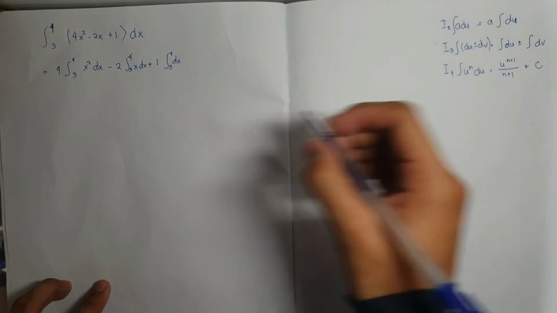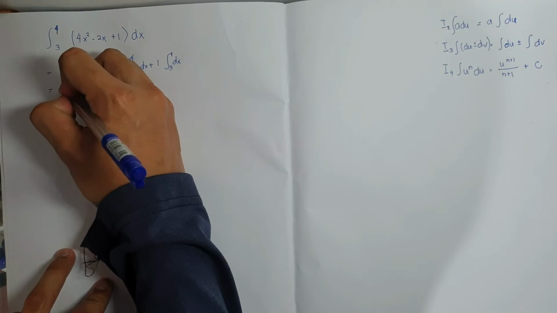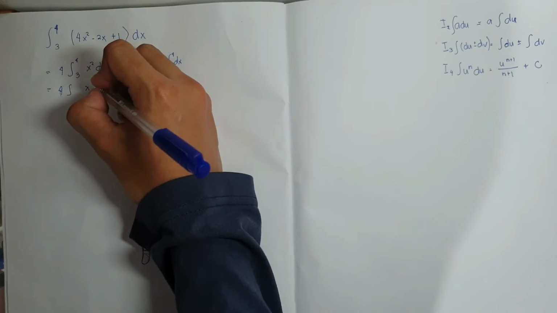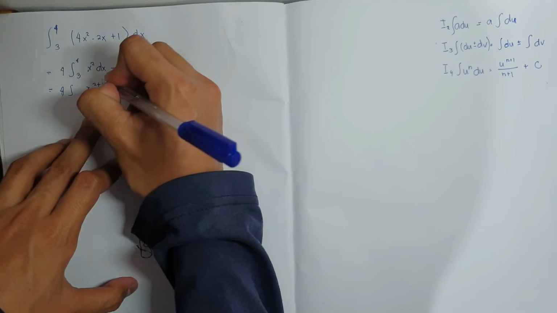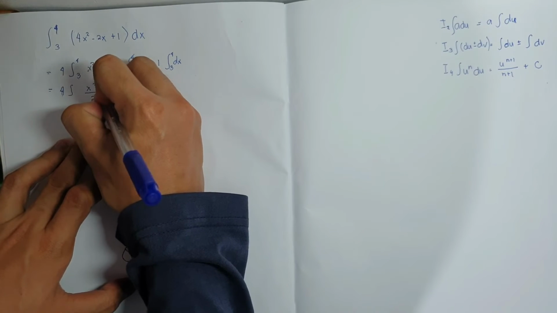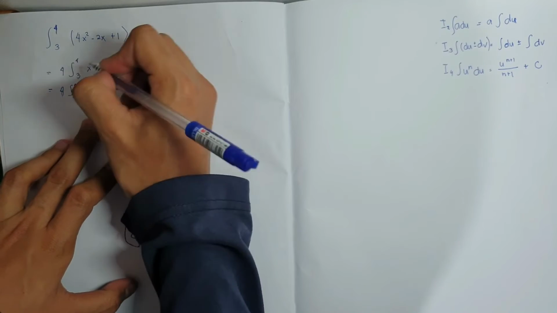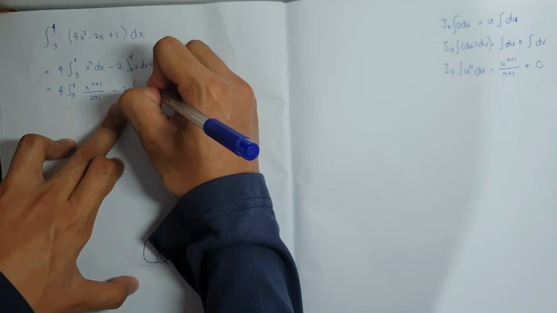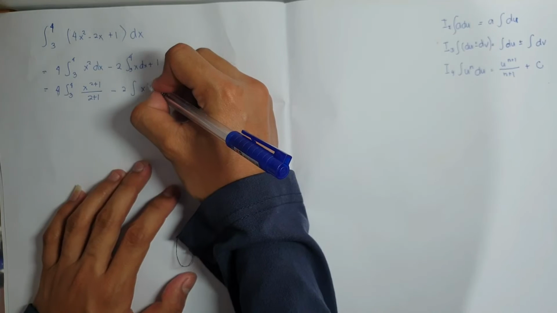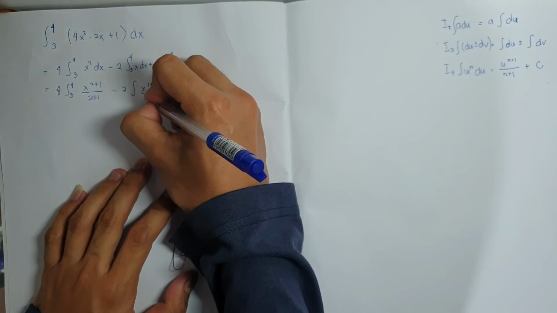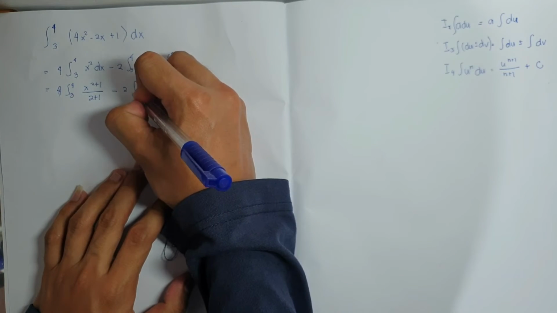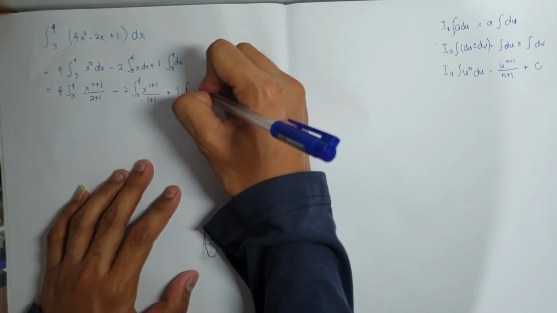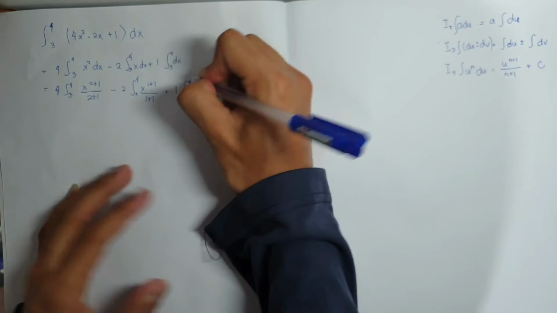So it goes like this: 4 times the integral of x raised to the power of 2 plus 1 over 2 plus 1 from 3 to 4, minus 2 times the integral of x raised to the power of 1 plus 1 over 1 plus 1 from 3 to 4, plus 1 times the integral of dx from 3 to 4.